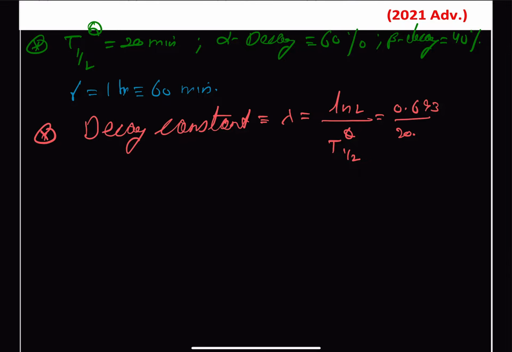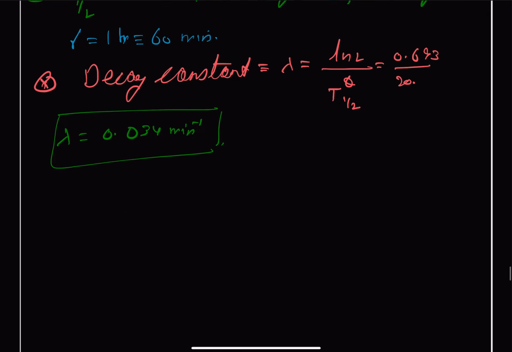So from here we get that lambda is equal to 0.034 per minute. And we have to find out our total decays in time t.